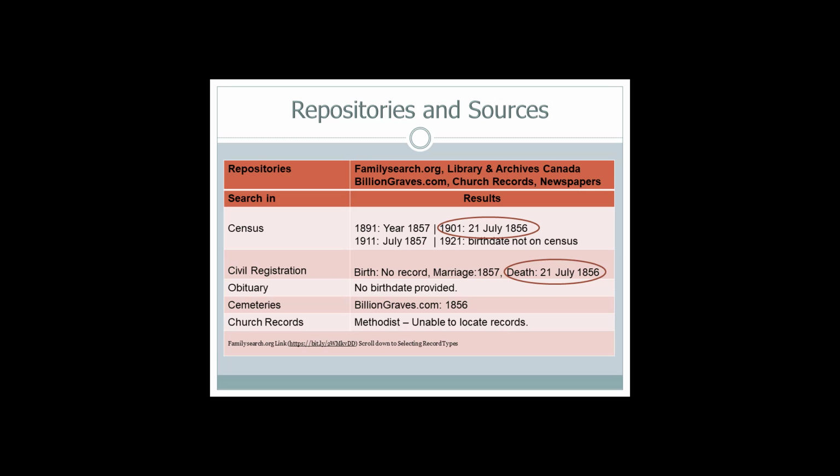The 1911 census provided the month and year as July 1857. The 1921 census did not provide a birth date at all. Civil registrations were found at FamilySearch.org. On FamilySearch.org, I found the certificate of registration and death with the date of birth July 21st, 1856.